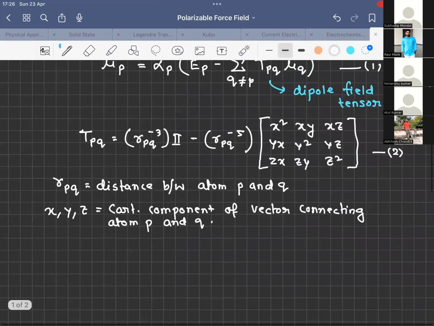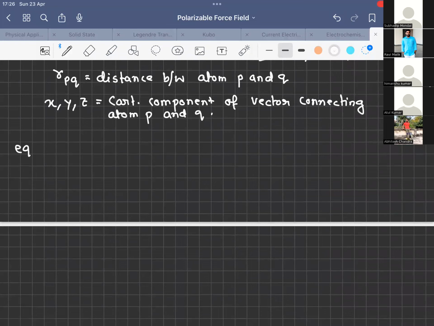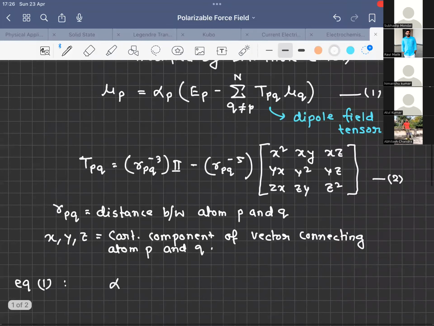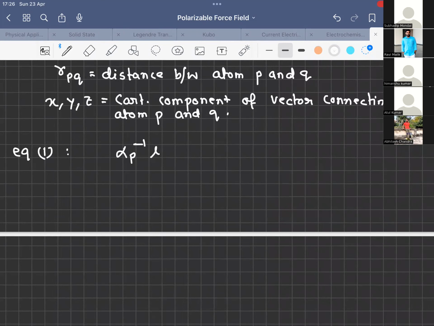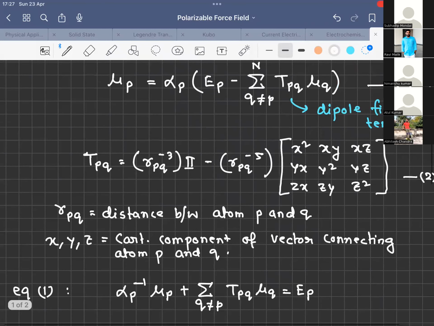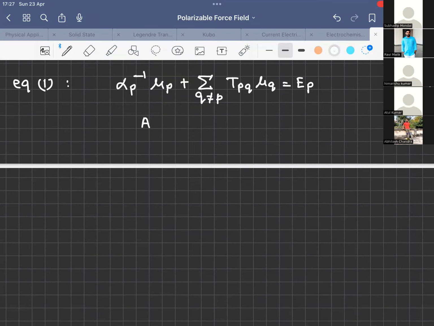Okay, so we can write this equation 1. After rearranging equation 1, we can write the generalized form as a single matrix equation: A mu equals E. This is equation 3.